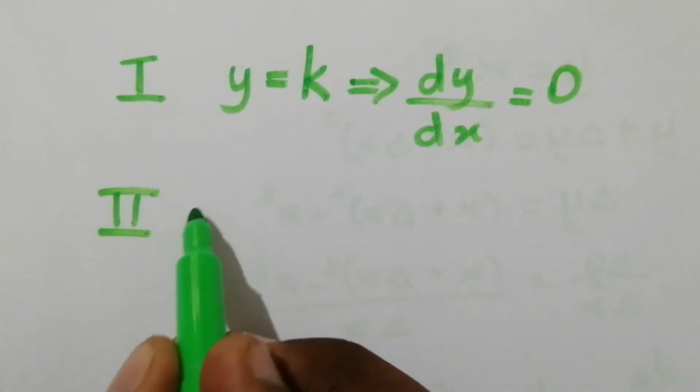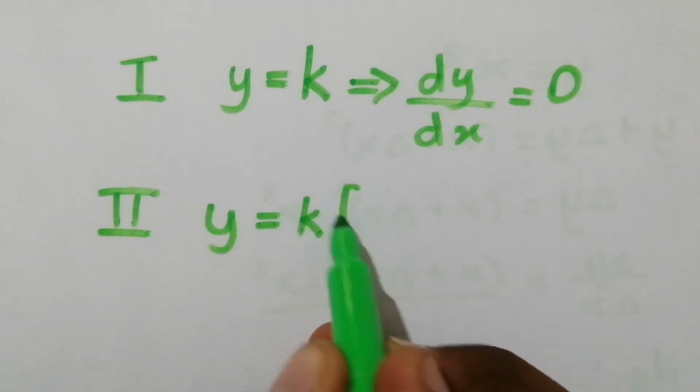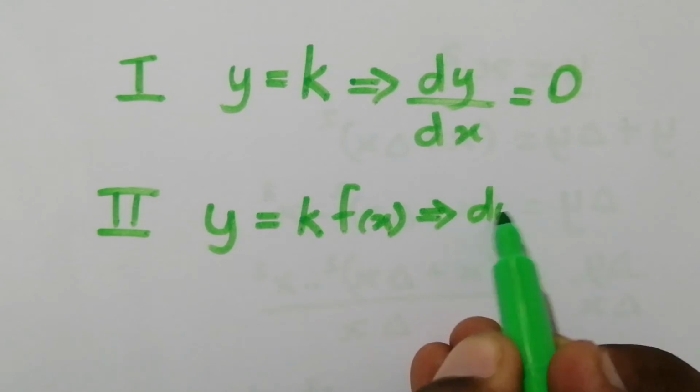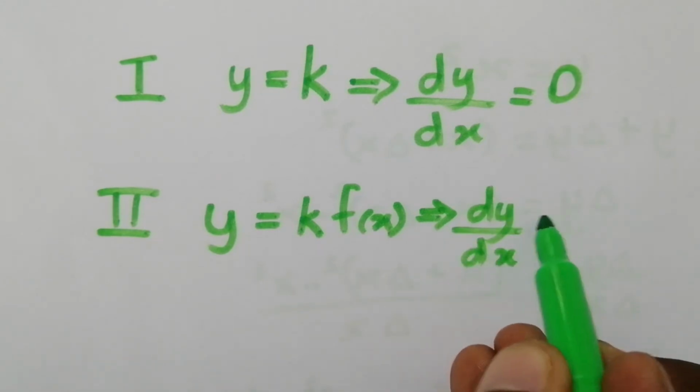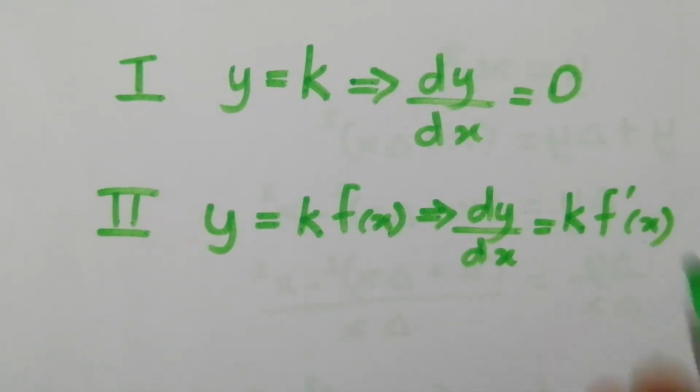The second one, when y equal a constant times a function f(x), then the derivative dy upon dx is equal to that constant times the derivative of that function, f dash x.